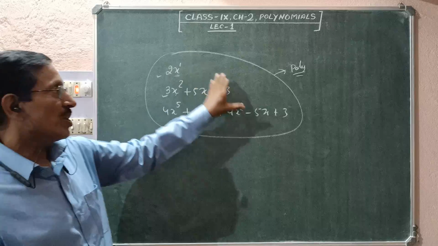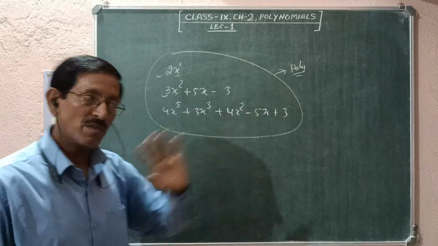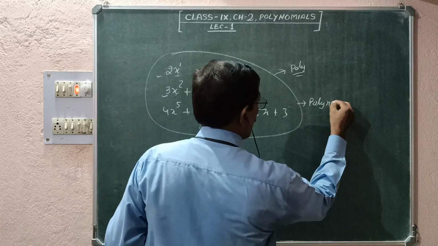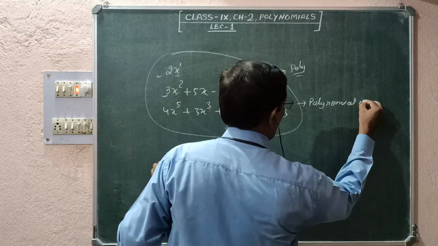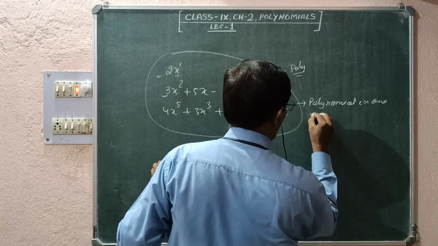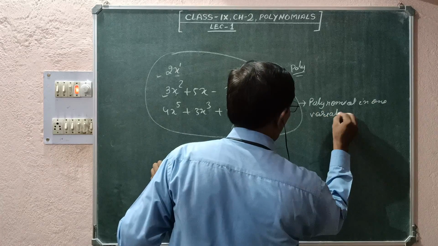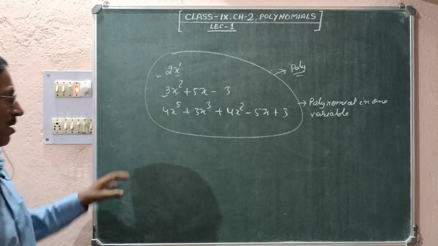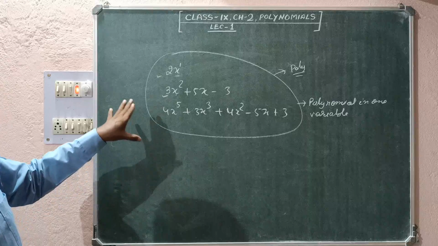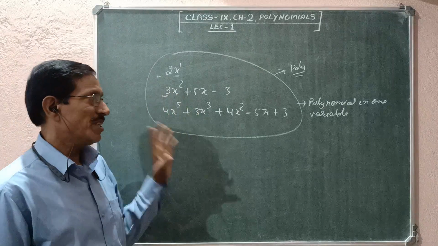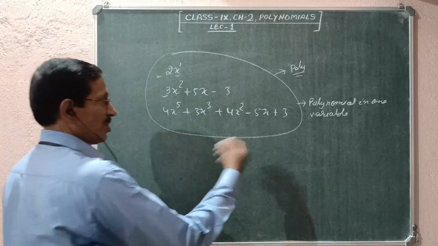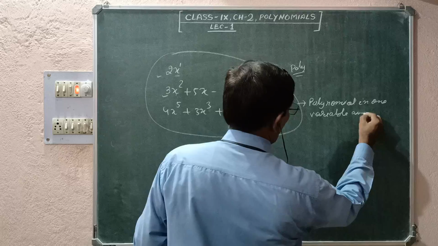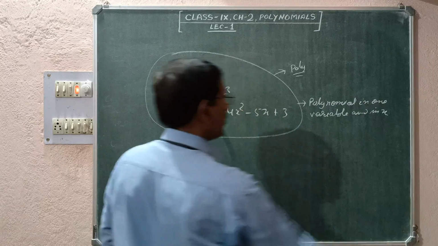So these are known as polynomial in one variable. And since it has only one variable, and which is x, it is also known as polynomial in x.